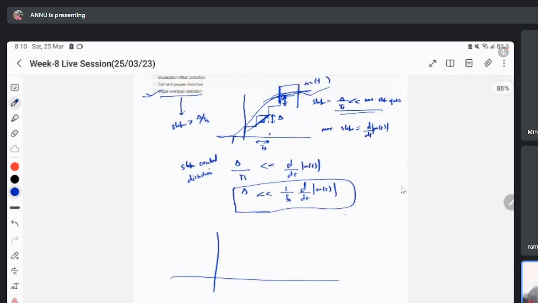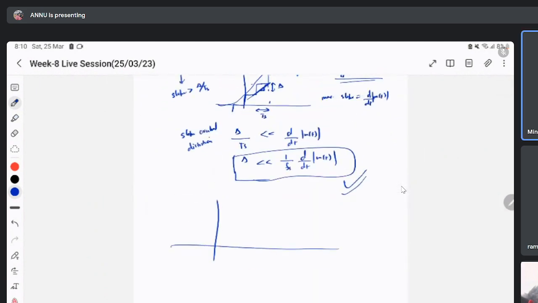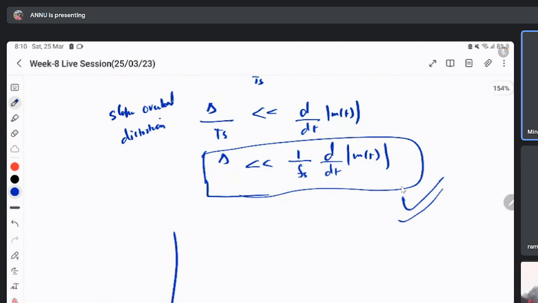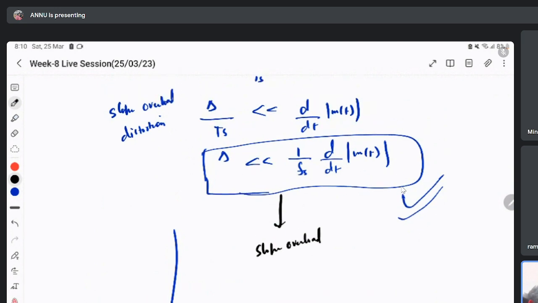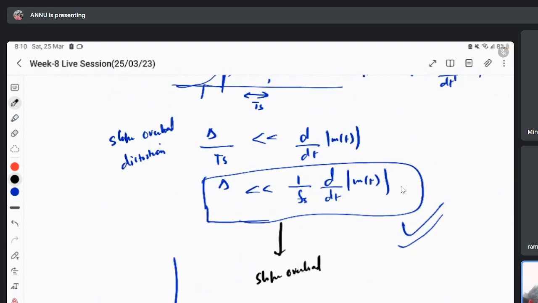When the step size is too large, then granular noise error comes. We also write that. This is the slope overload. How will you remember slope overload? Sometimes I get confused between slope overload or slope of the quantization, but no, the slope of the message signal is concerned here.